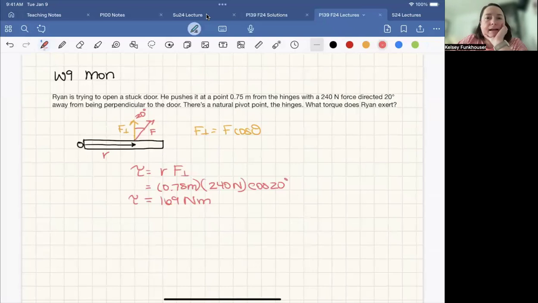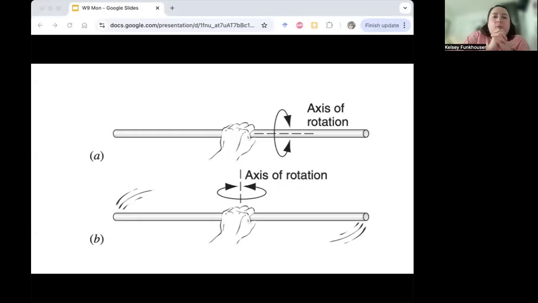Okay, let's go back to the slides because there's just a little bit more that I want to talk about. Now let's say you have the same long thin rod, and you want to rotate it about two different axes. One would be along the rod, so just kind of spinning it.